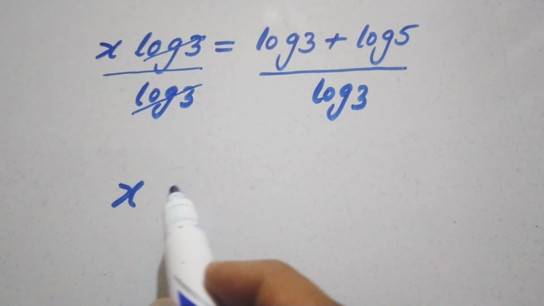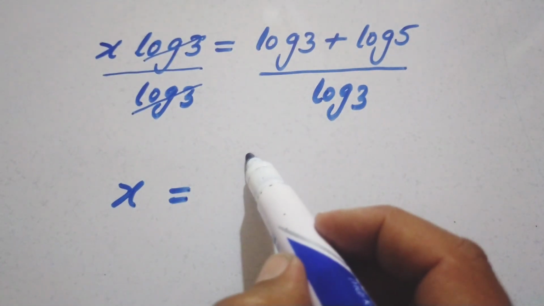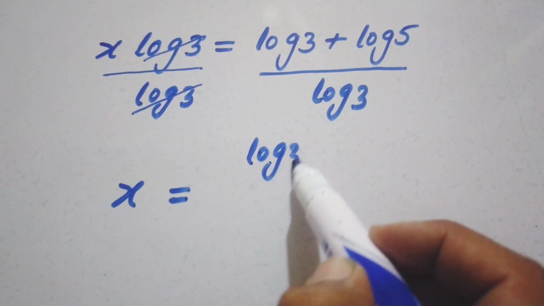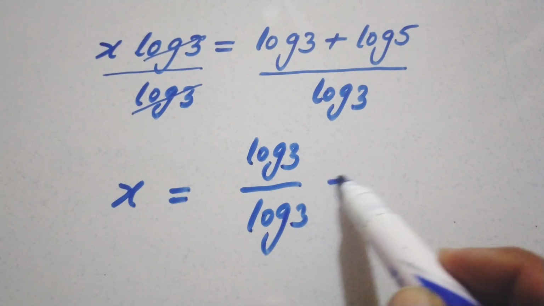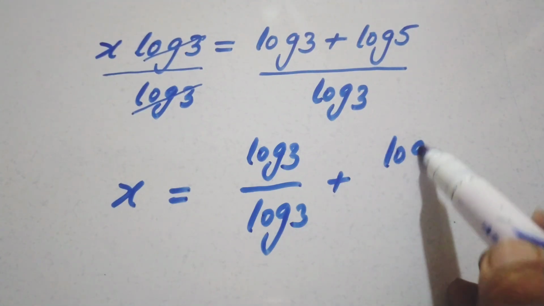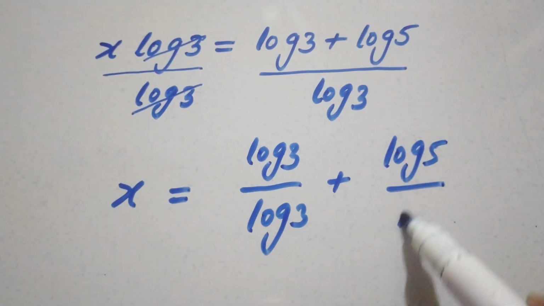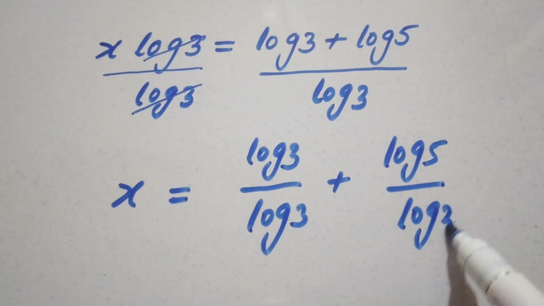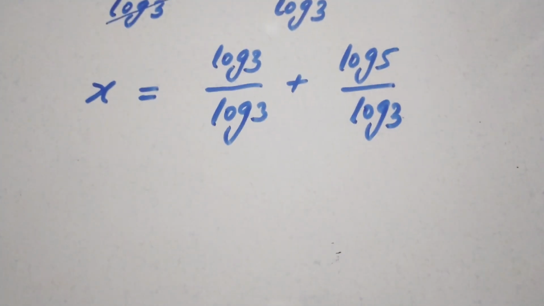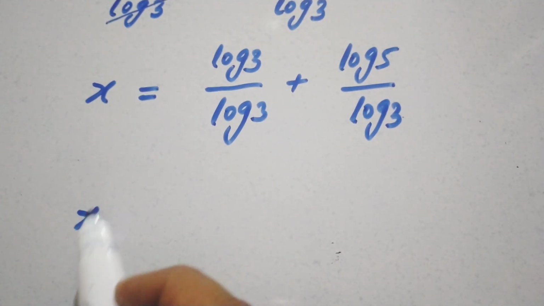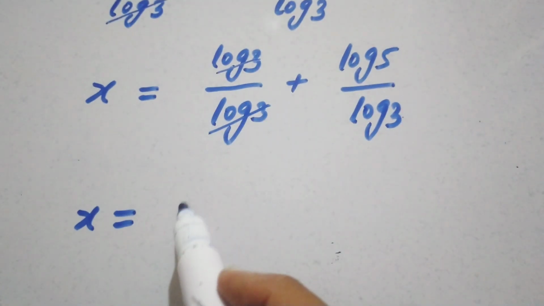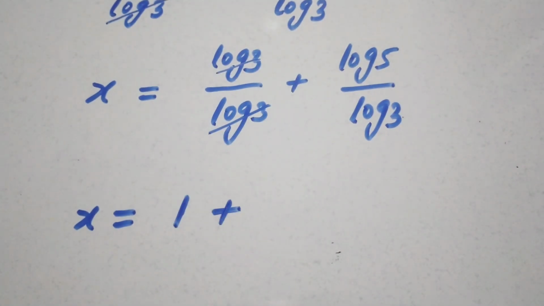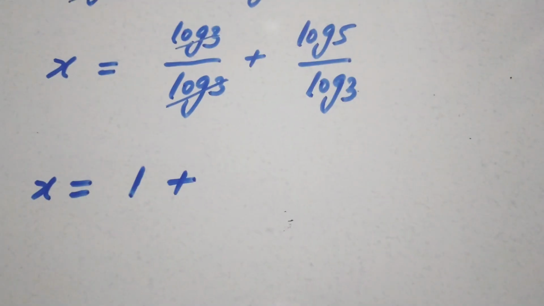Here x is equal to log 3 divided by log 3 plus log 5 divided by log 3. So x is equal to, this log 3 and log 3 cancel out, we will be left with 1 plus, another logarithmic property we will use here.